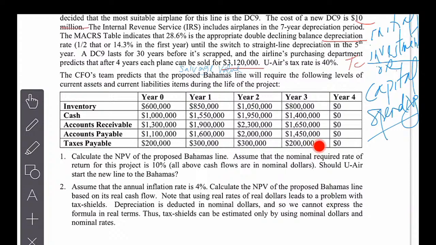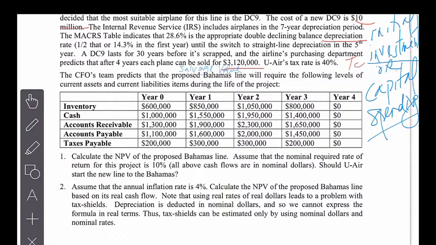So what we have here are, well, let's call them net working capital. Okay, this is net working capital here. What you have is, because we're taking account of running the plane, like the flights, we have that expense.